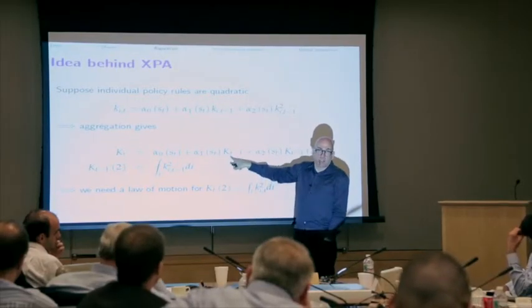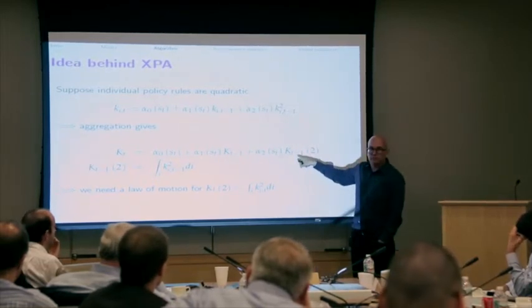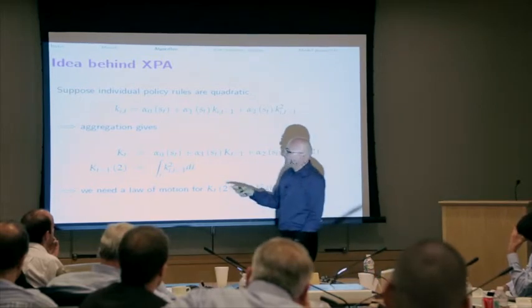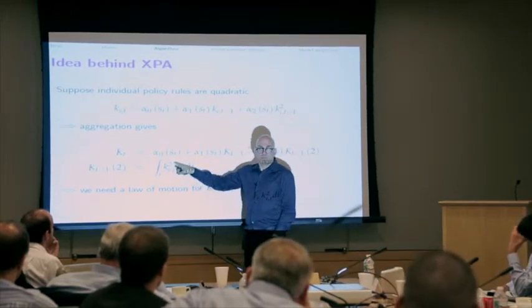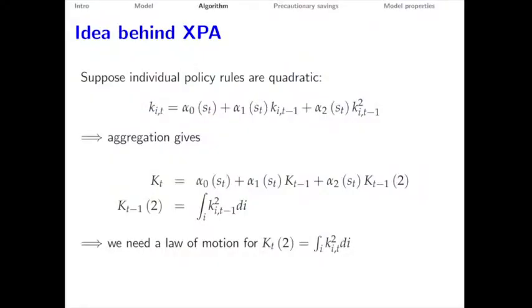I get the aggregate capital stock back. And now what I would get is another aggregate variable, which is the average value of k_i squared. So if you would ask me what should be in S_t, it should be the aggregate productivity shock, the mean level of k, and the average of k squared, which I write like this.